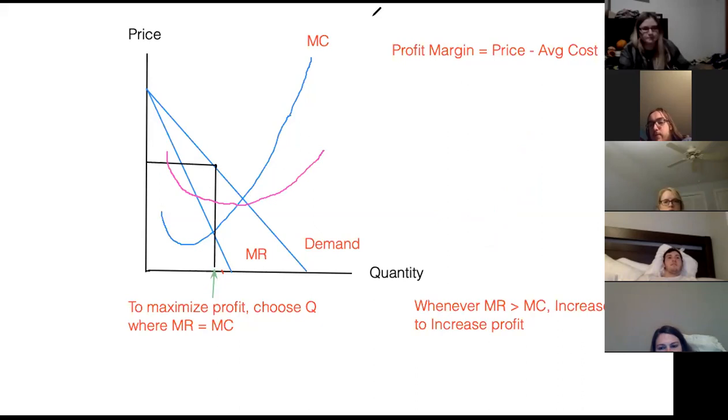Now let's go back to text. Let me write in average cost. Everybody with me so far? Now, if we supply this quantity of output, is our profit margin positive or negative? Are we making money or are we losing money at this quantity?